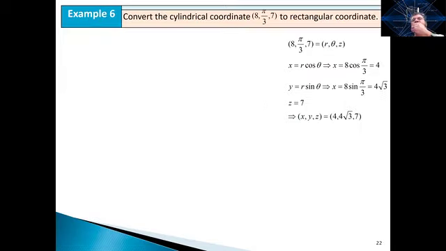Let's look at this example. He says, convert this cylindrical coordinate into rectangular coordinate. What's a cylindrical? He's giving me 8, pi over 3, and 7. Be careful, he's saying the cylindrical. So that means r is 8, theta is pi over 3, and z is 7.